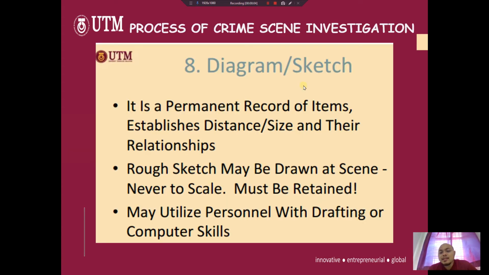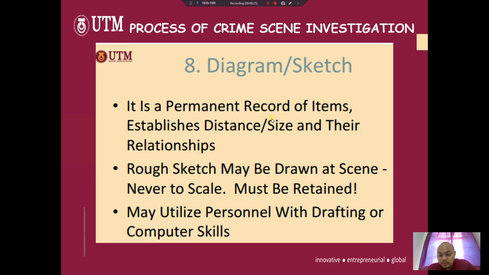The next process is diagram or sketching. It is a permanent record of items, establishes distance, size, and their relationships. As I mentioned before, a photograph alone cannot establish the distance, size, and their relationships.